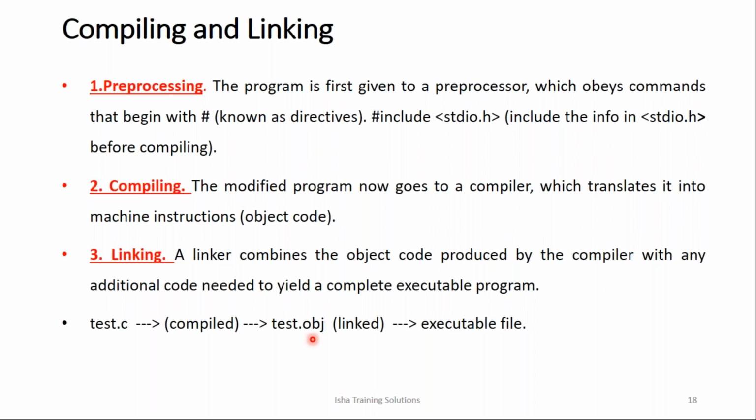If you try to open it using some other file, you cannot understand the content present in the file. And it is going to be linked. Now we have said something about linking, right? Adding something to make it a meaningful thing. So it will be linked here, and finally the executable file will be prepared.